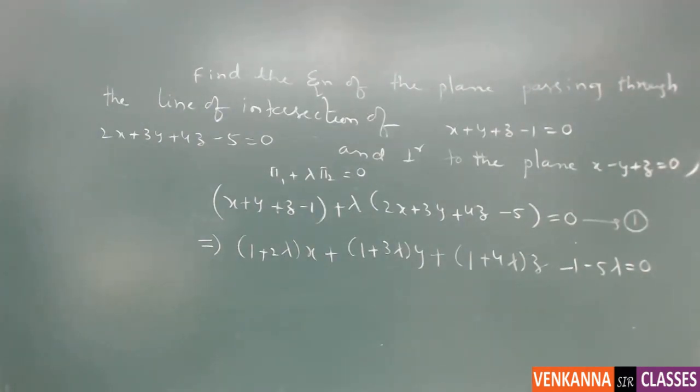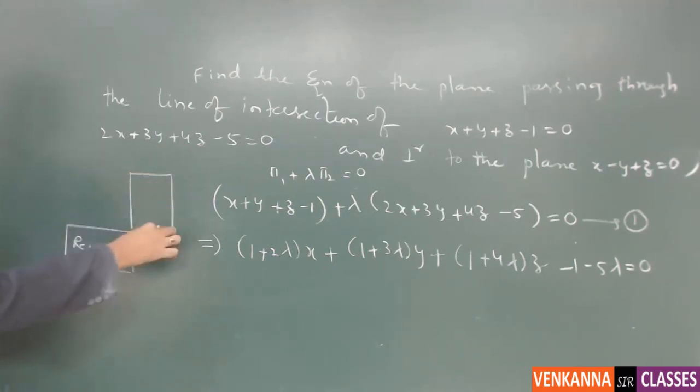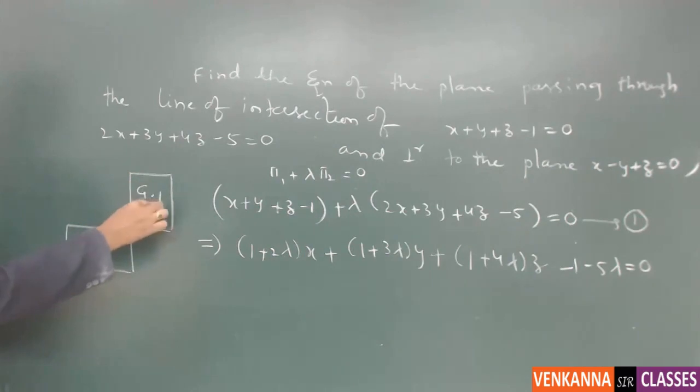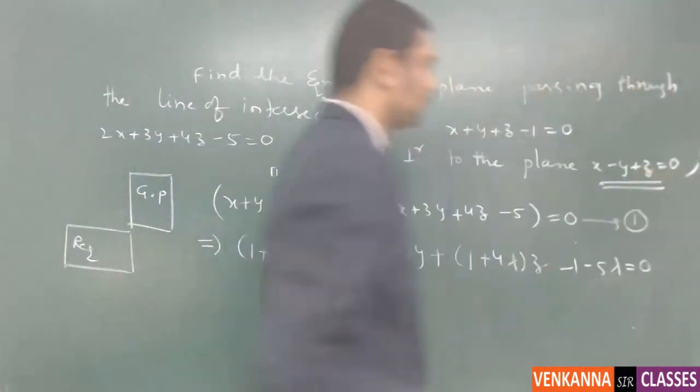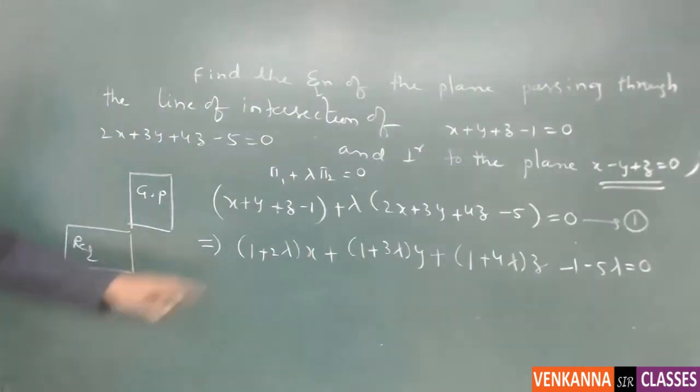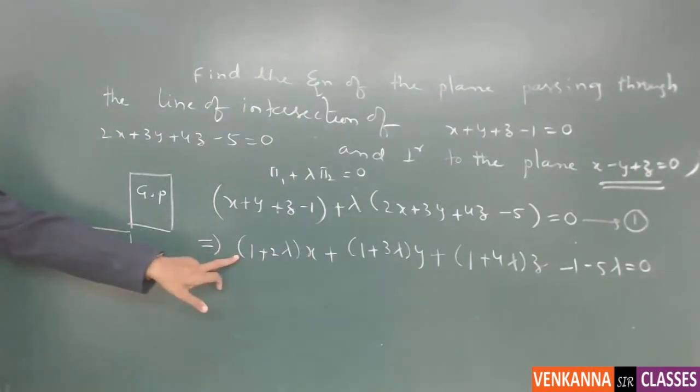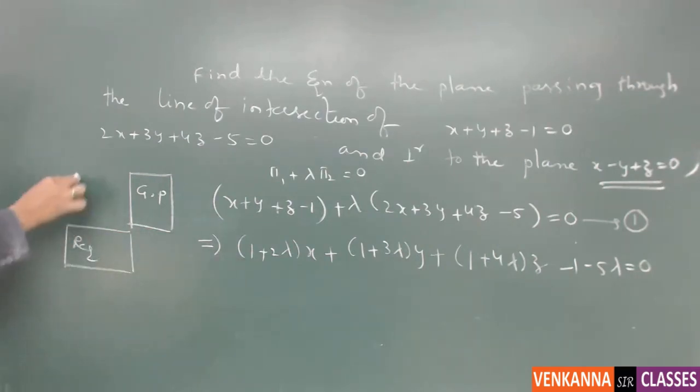So let us say that this is our required plane, and it is given that this plane is perpendicular to the given plane. This is our given plane. So here the xyz coefficients are nothing but the normal drs of the required plane.